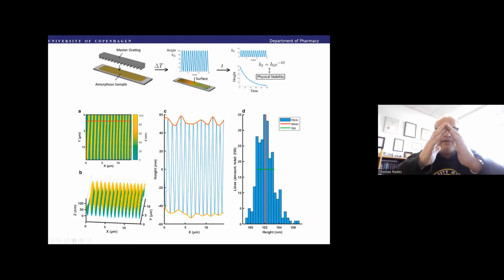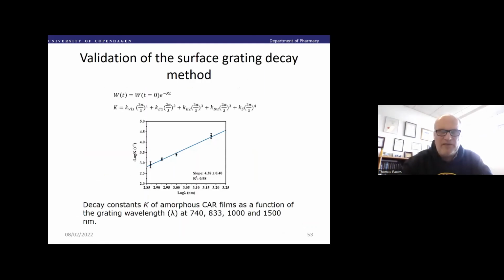Then over time this flattens out, and we can measure this flattening. If we do this as a function of different gratings, we get a beautiful slope around 4, and then we know from so-called Mullins' model that we are really measuring surface mobility, or surface diffusion, leading to decay of the height of these gratings.